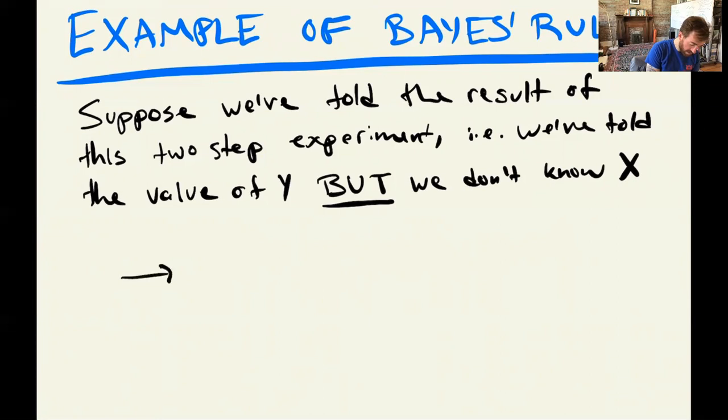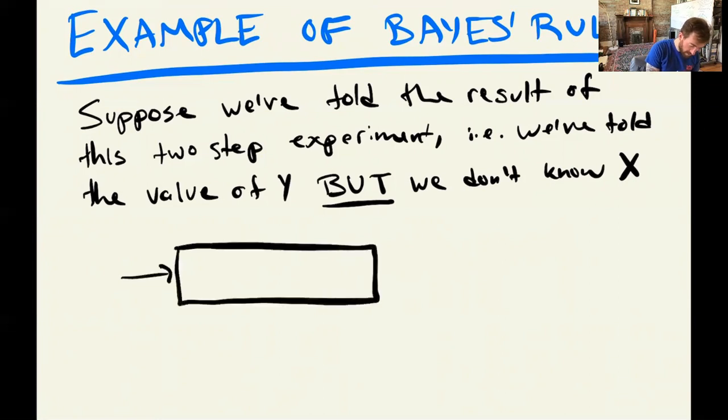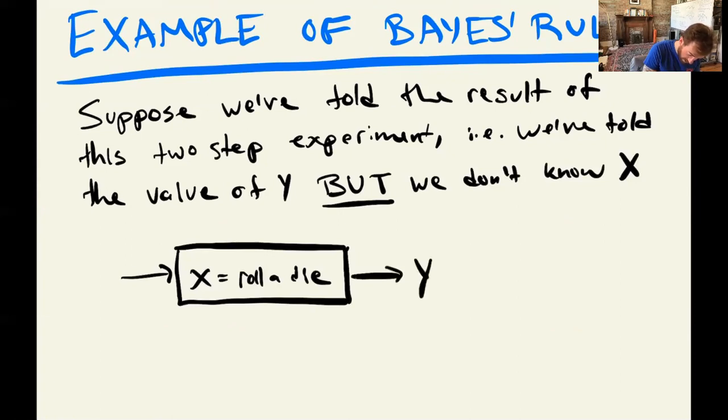And again, you should think about it. We had here X equals roll a die. And then that informed Y, which was flip X coins.